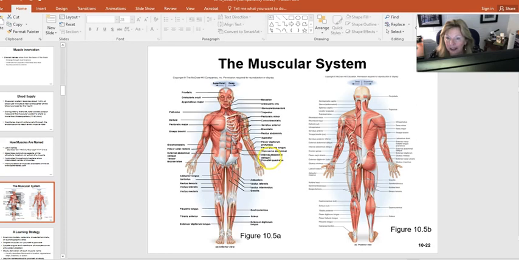Oblique means at an angle, so the striations would be running at an angle. These are just hints for you, when you're looking at the names of these muscles, to try to associate them with either a bone, a region, or a movement, or a location.